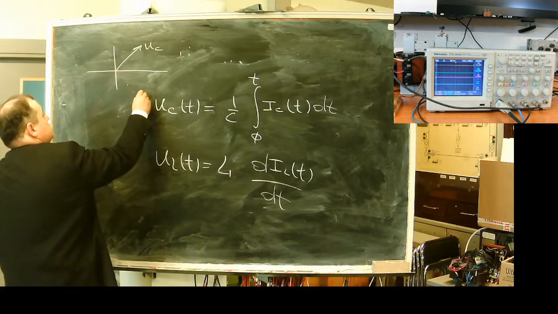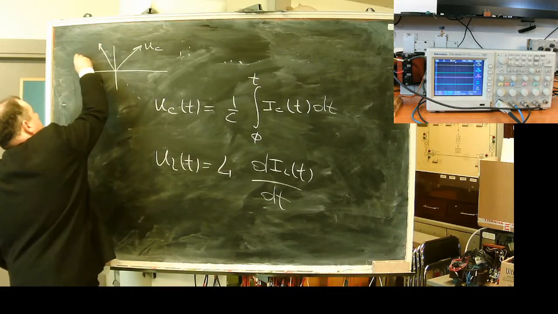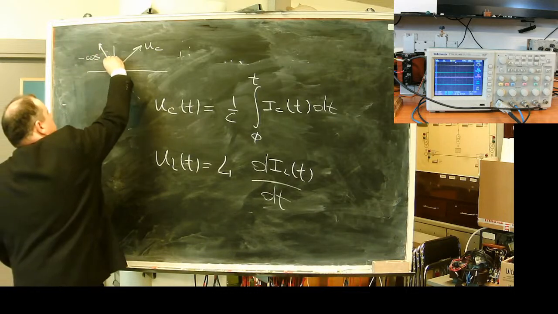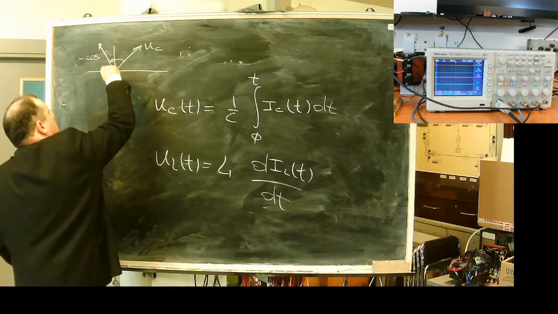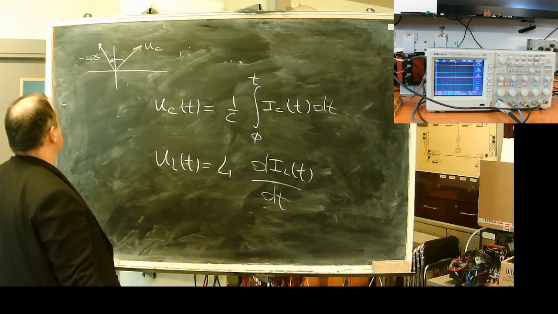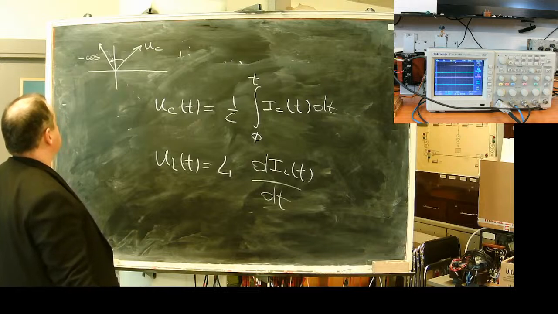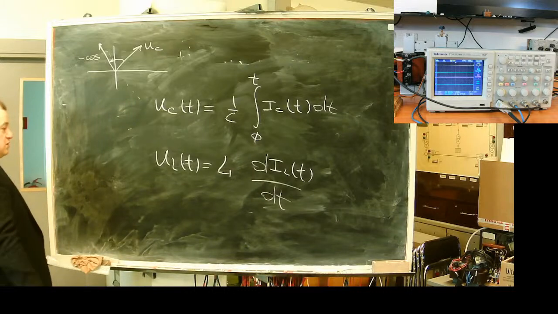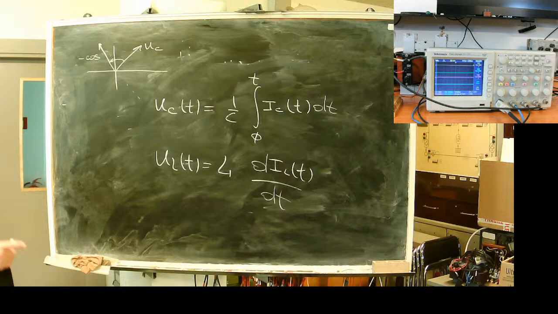Cosine would be this way, minus cosine gives us something like this. So the idea was to introduce a complex resistance.